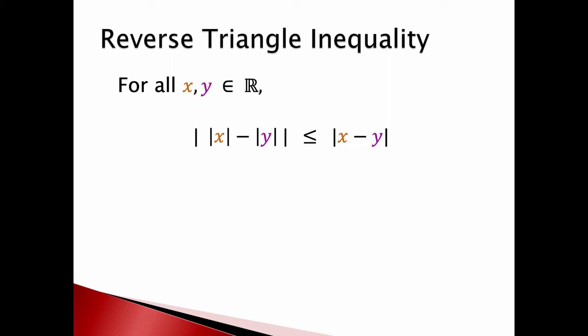Then when you take the absolute values of both of those, you'd be back to 3 and 5. You get 2 on the left hand side of the inequality, and you get 8 on the right hand side of the inequality. So that's just some idea of why this works. It doesn't show up very often, but when it does, we really need it. So this is something to add to the list of things we just have to know.